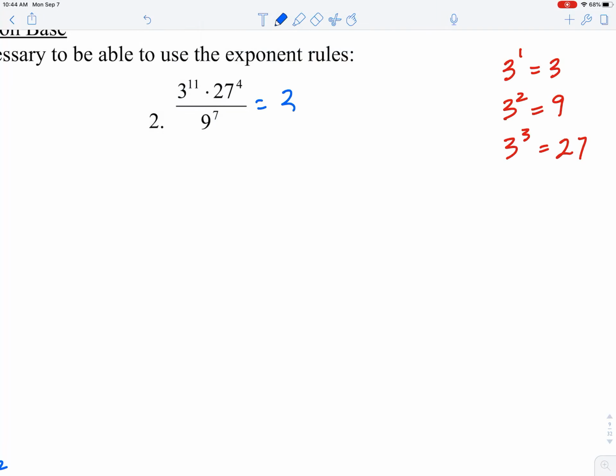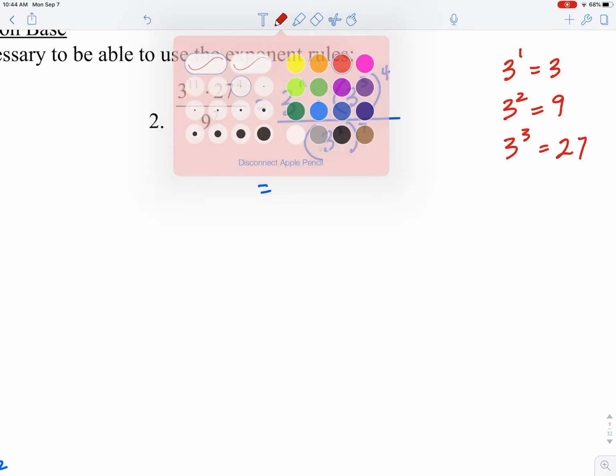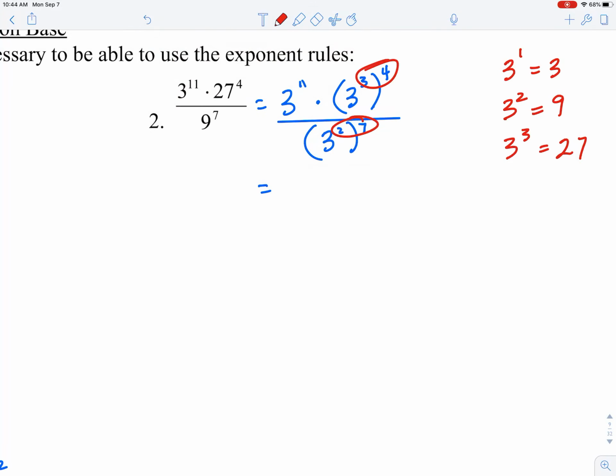So 3 to the 11 stays the same, times 27 is really 3 to the 3, to the power of 4. And this whole thing is going to be over 3 to the 2, to the 7. We're going to do the power of power rule for these. So up top we get 3 to the 11 times 3 to the 12.